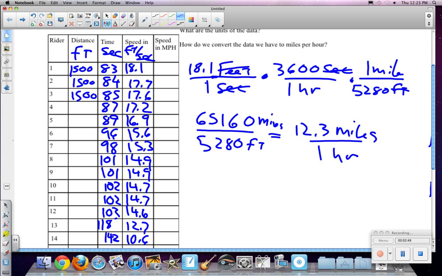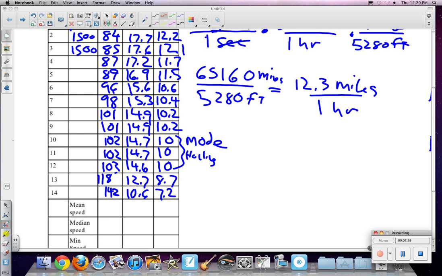So what we'll do is everybody will go through and pick the same one, and let's convert all these into miles per hour. All right, so the mean was 10.6. You got? I got 10.507. Yeah, 507, that's what I got.